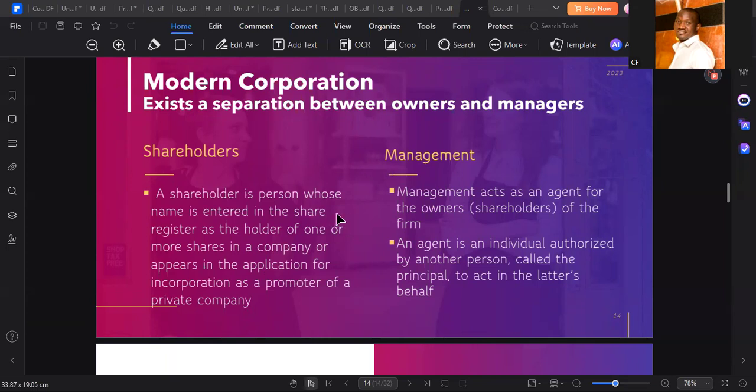Management is simply an agent of these shareholders, so they act on their behalf. Management is an agent, meaning they are given authority to act on behalf of the principal. The owners of the business are called the principals, and the management are called the agents.